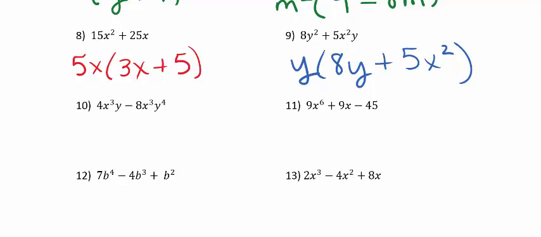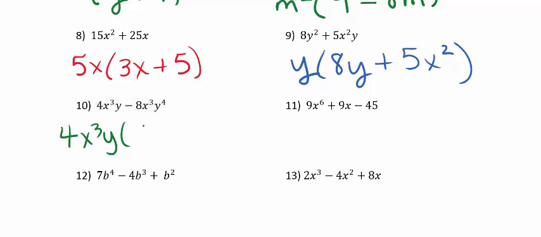In number 10, the biggest number that goes into 4 and into 8 is going to be 4. And then for our variables, we have x cubed in both of them, so we can take out an x cubed. And then we have a y and a y to the 4th, so I can take out a y. And 4x cubed y times what is going to give us 4x cubed y?